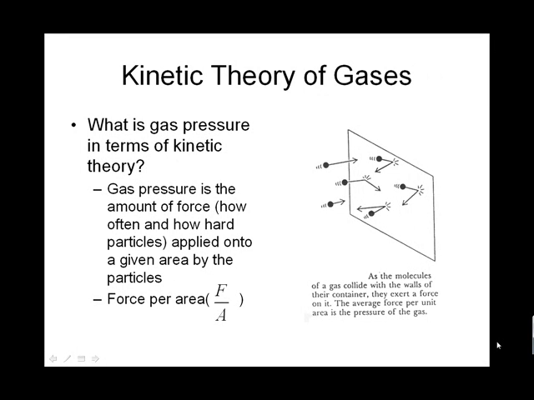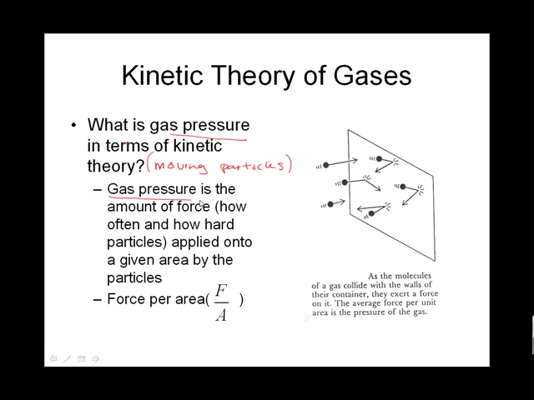In the many vocabulary words that I have put into your Unit 2 objective sheet, I told you to describe many vocabulary in terms of kinetic theory. So what do I mean when I say kinetic theory? I'm talking about describing pressure in terms of moving particles.